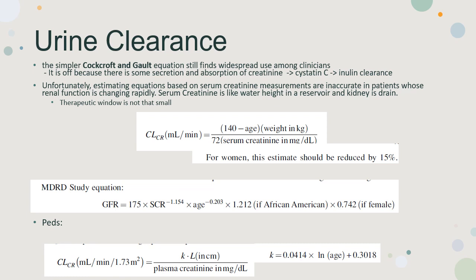But what you do need to know about creatinine is that, imagine it's like a reservoir. Creatinine is like water height in a reservoir, and the kidney is the drain. So you've got this flow of water, and then you've got a reservoir, and then you've got a dam, and it's letting water out slowly.